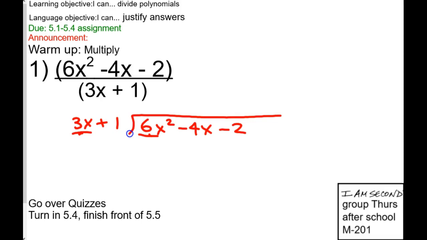X squared over x takes away 1, and it's just x. So this divided by this is going to be 2x, and I have to put that in the x column up here. So 2x goes here. And does everyone understand that I divided the first term by the first term?